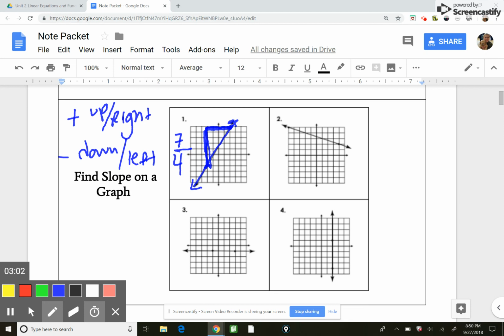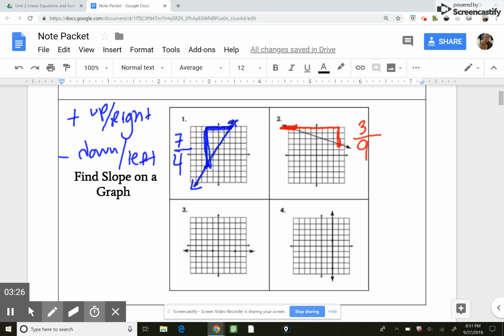For the next one, if you notice, here's the point and here's the point. So for this one, I have to go up 1, 2, 3, then over 1, 2, 3, 4, 5, 6, 7, 8, 9.